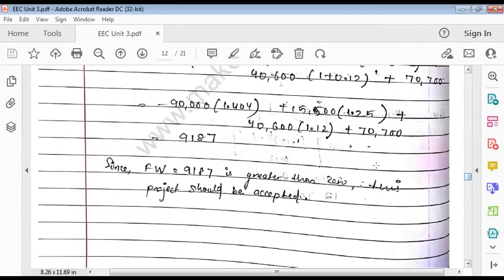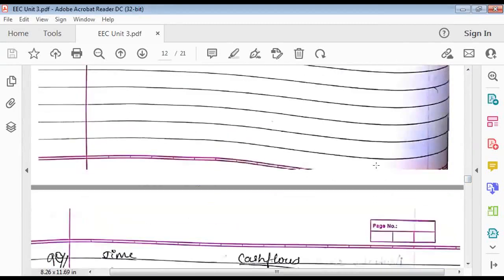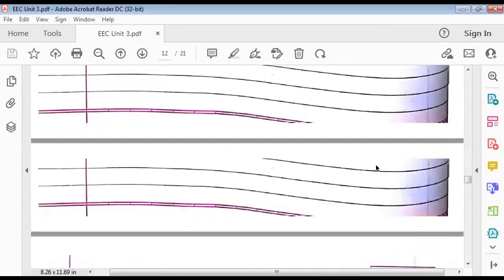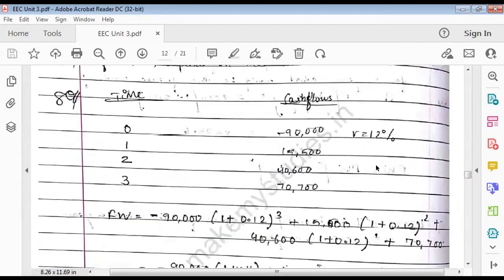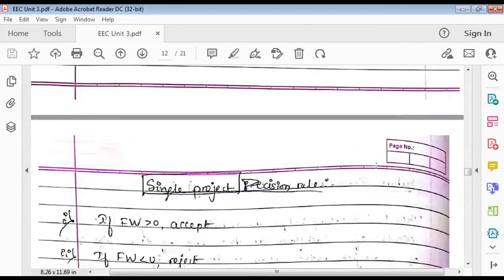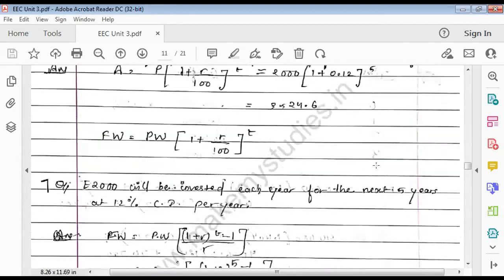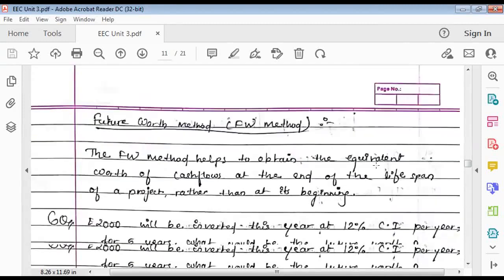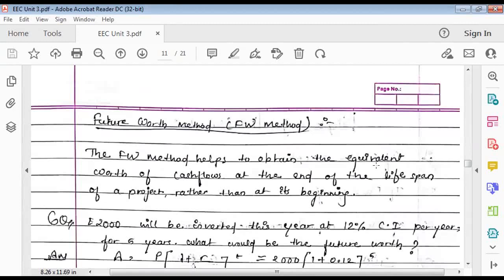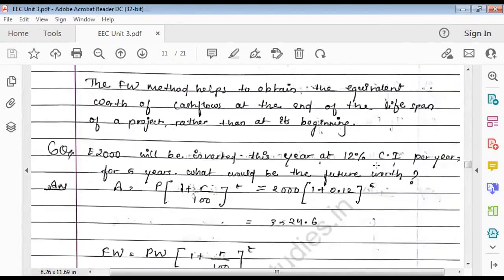Just a quick recap: we are discussing the future worth method, and the mode of solution is different from the present worth method.